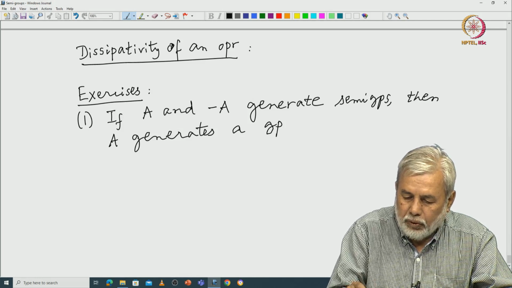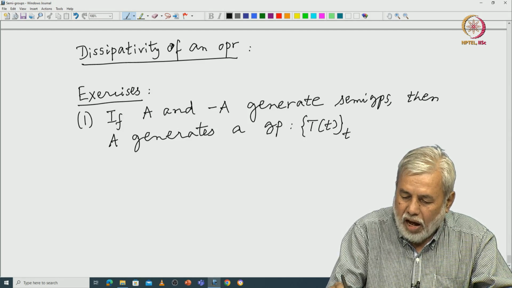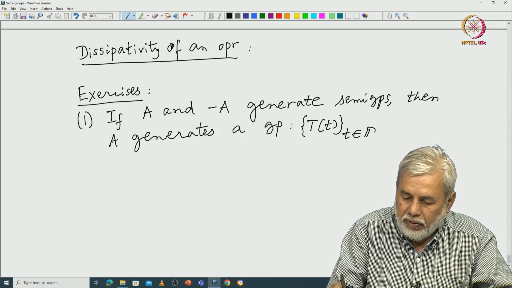Okay. So, this I write as T, now T is in R.